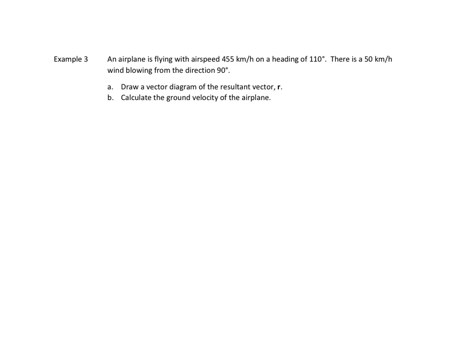All right, example 3 says an airplane is flying with airspeed 455 kilometers per hour on a heading of 110 degrees, and there's a 50 kilometer per hour wind blowing from 90 degrees.